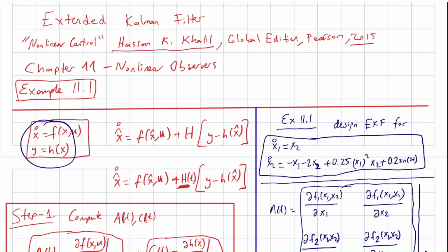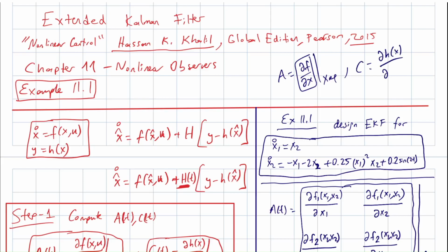This is nonlinear, right? And you are going to get A, and C. Let me type it real quick. Okay, all right.